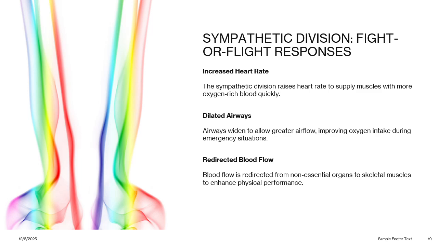So this is our fight or flight, or I often refer to it as the a bear walks into the room. What are you going to do in that emergency or stressful situation? This is the one that is focused on that.